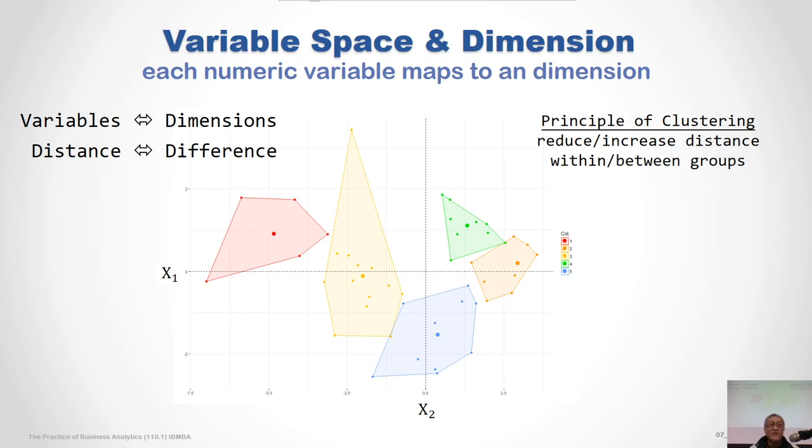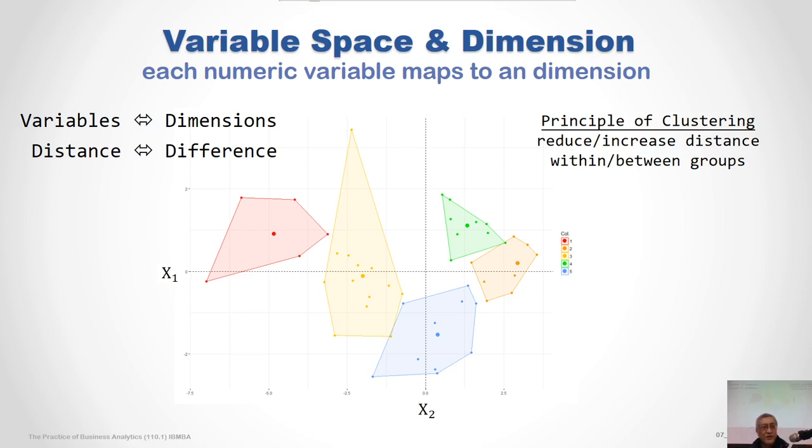Okay? So clustering analysis, basically this is what we do. First of all, you need to select a set of grouping variables, right? And those variables have to be numeric. Okay? Has to be numeric. Now in this case, we have 6 numeric variables. So with these 6 numeric grouping variables, we can map our subjects into a 6-dimensional space.